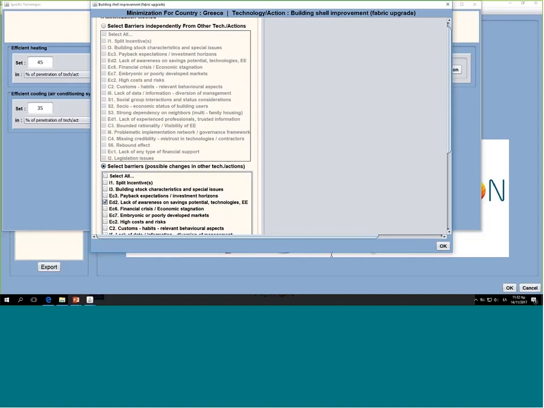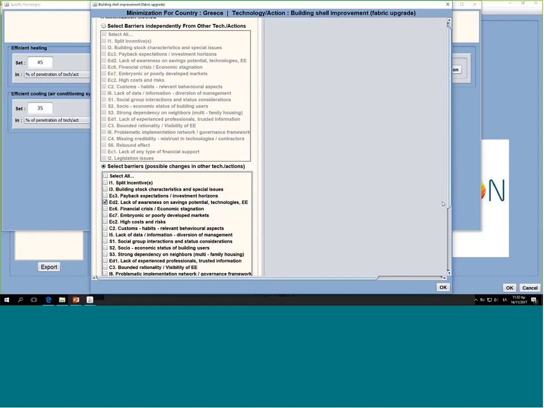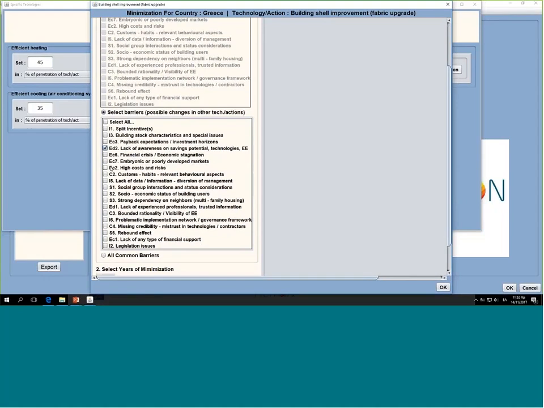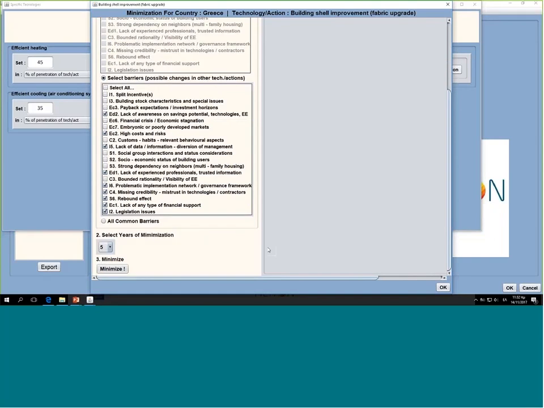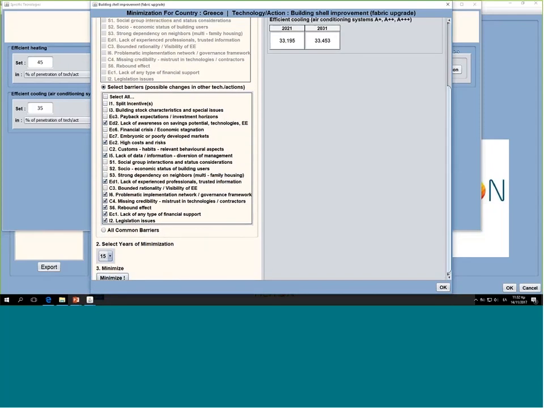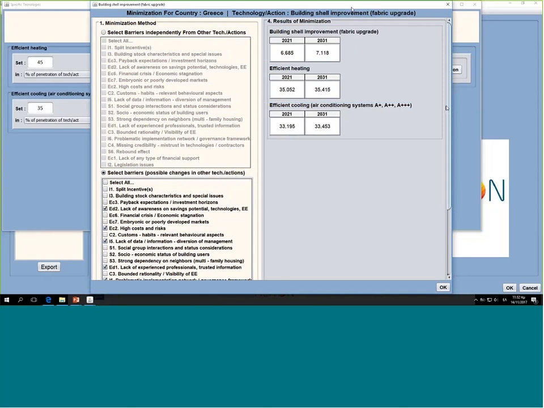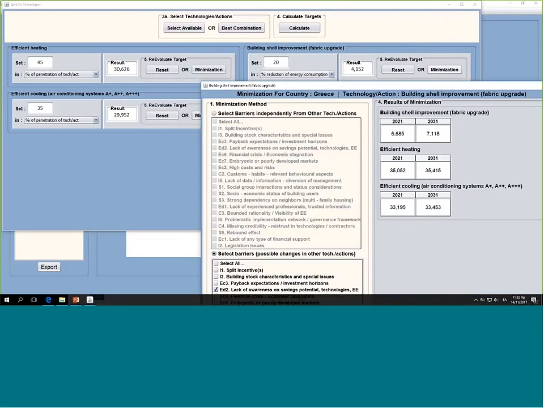So by selecting here high cost, lack of data, lack of experience, problematic network, and so on, assuming that the respective policy instruments will be part of the scenario, here are the new percentages. So someone can see that they are improved.